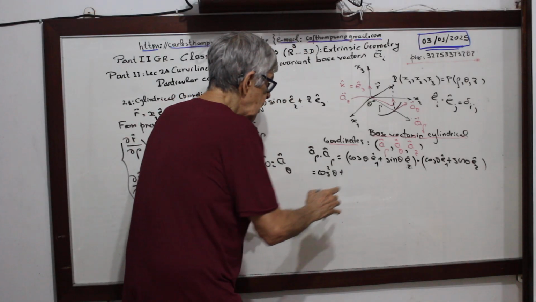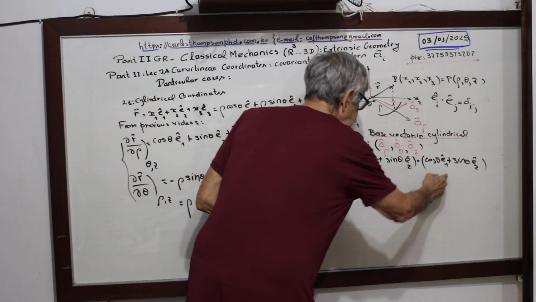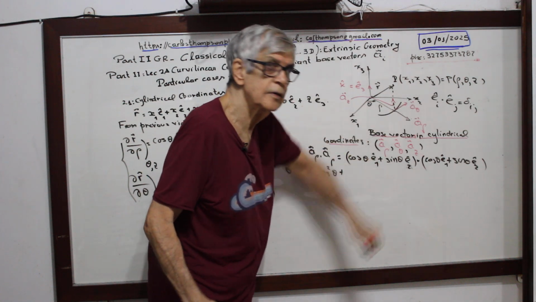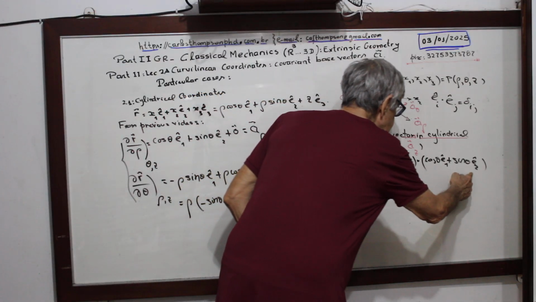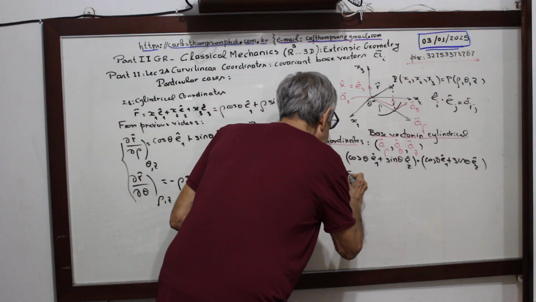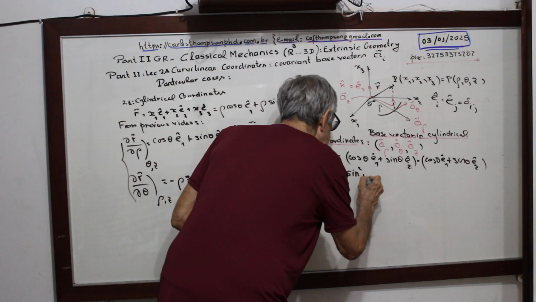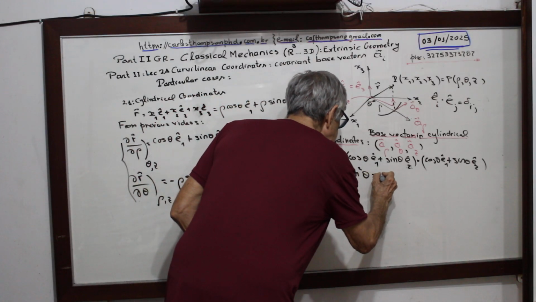Now, the dot product E2 dot E1 will be 0 from the delta. But E2 dot E2 will be 1. So I have sine squared of theta. So this dot product is 1.